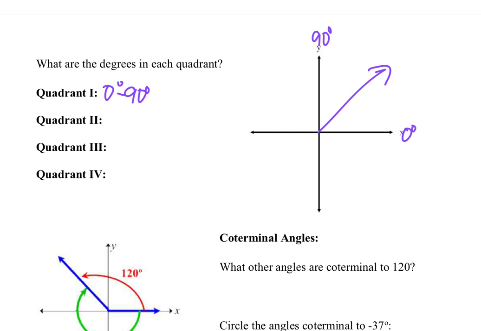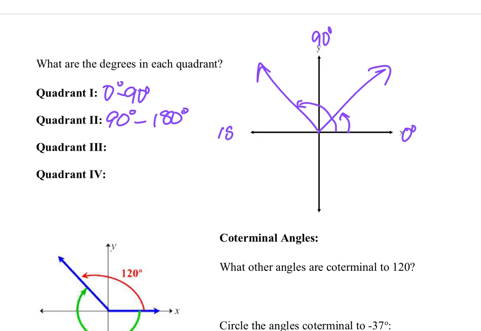Quadrant 2, if we go in the positive direction, is between 90 and 180. Again, 90 and 180 are not included because those are the quadrantals. They're not in a quadrant.